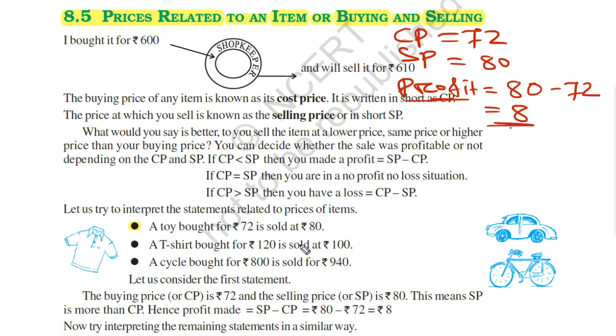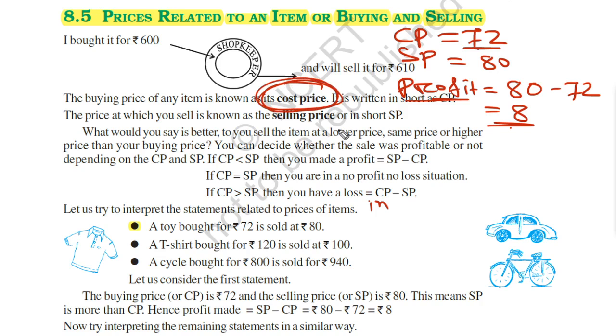Now we have to find the percentage of profit. So we can start with the unitary method. In rupees, the cost price is 72 for you. Remember, whenever we find the percentage of profit or percentage of loss, we always deal with cost price, and we always compare with the cost price.